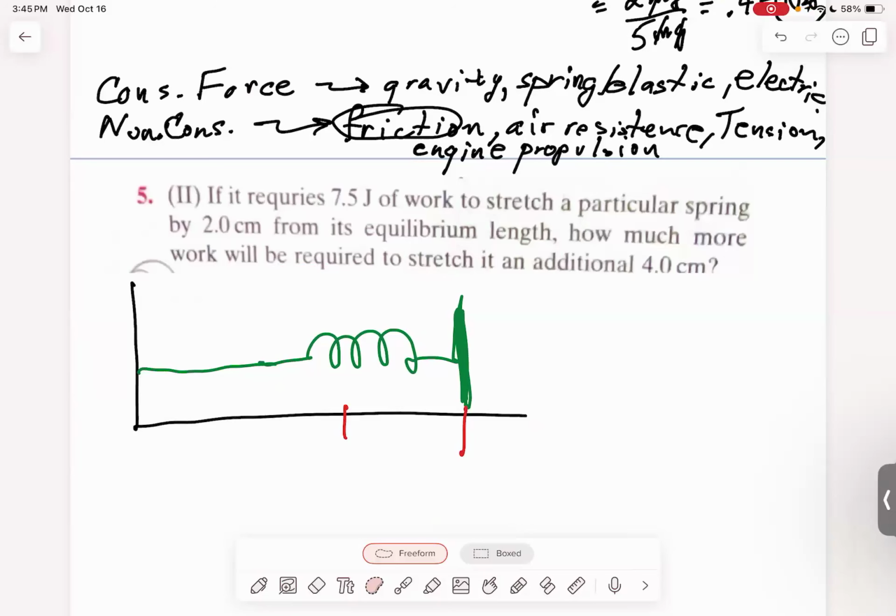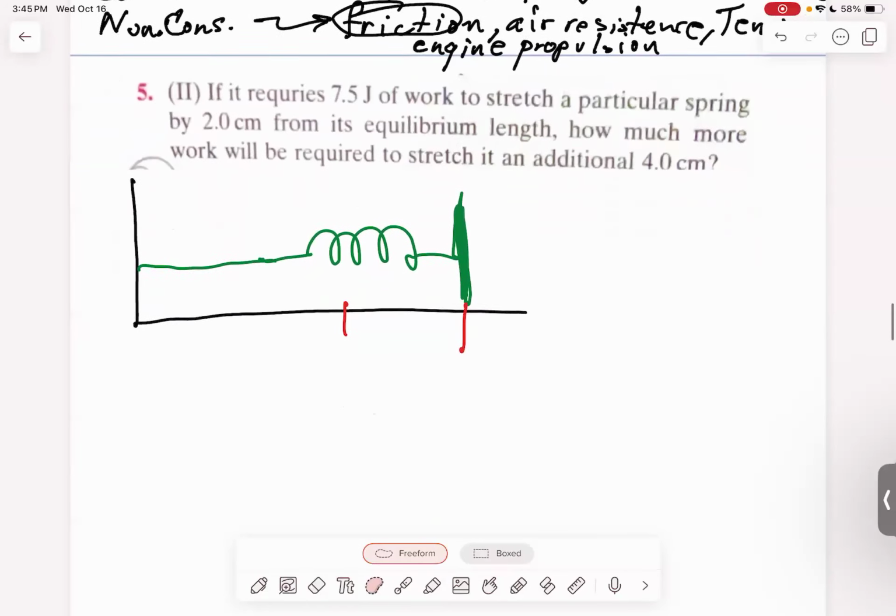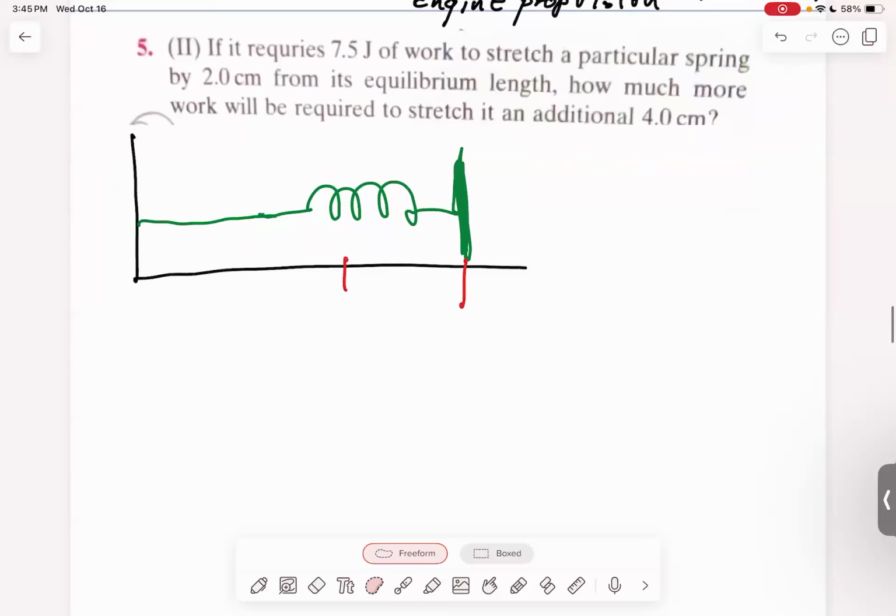Now let's read the problem. It says that it requires 7.5 joules of work to stretch a particular spring 2 centimeters from its equilibrium length or position. How much more work will be required to stretch it an additional 4 centimeters?